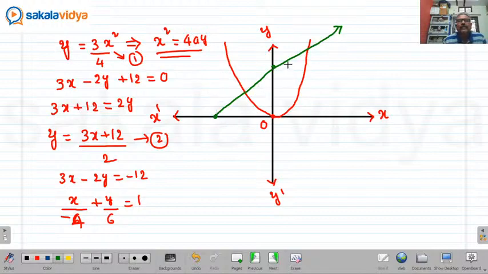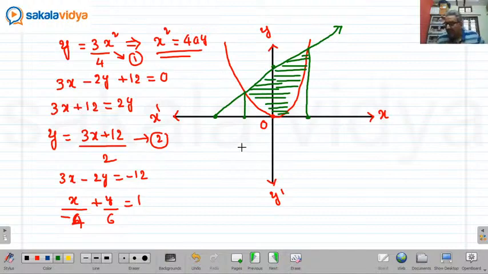Okay, now we need to find this area, in between the points of intersection of these two. First of all, we need to solve these two equations.